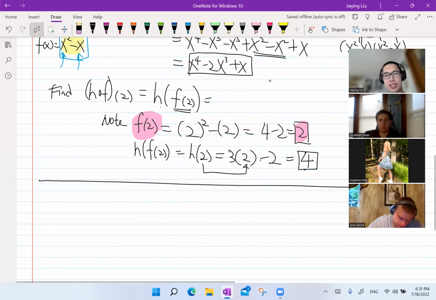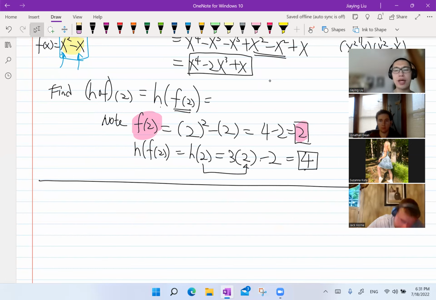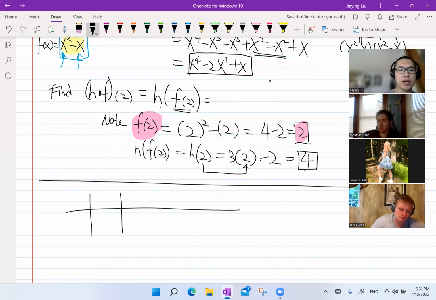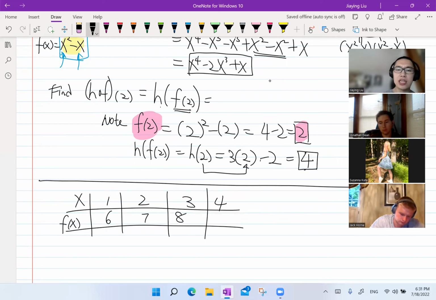Now we can also look at a table of values, if we don't know the actual function. Let's see, these are x values equals 1, 2, 3, 4, and then we have f of x equals 6, 7, 8, 9. Then we have g of x equals 1, 3, 5, 7, for example.